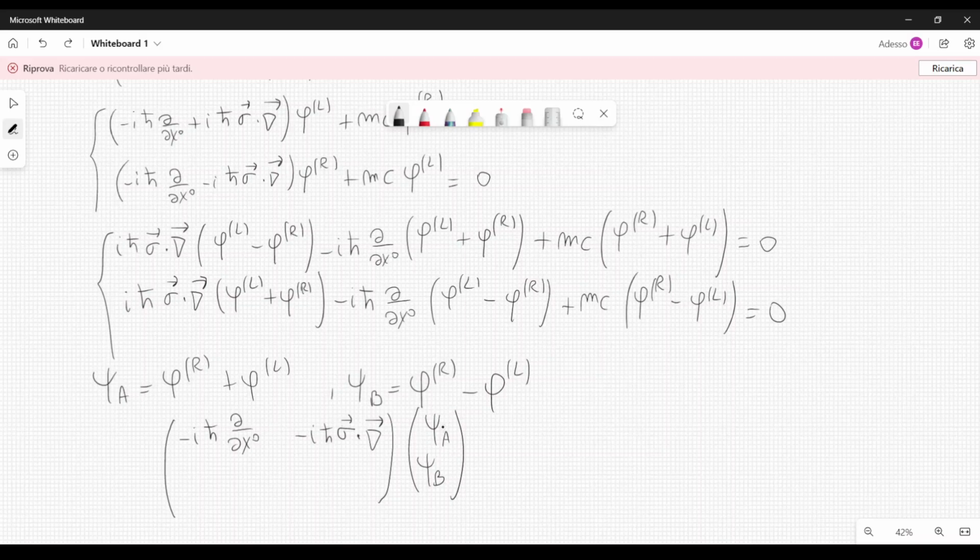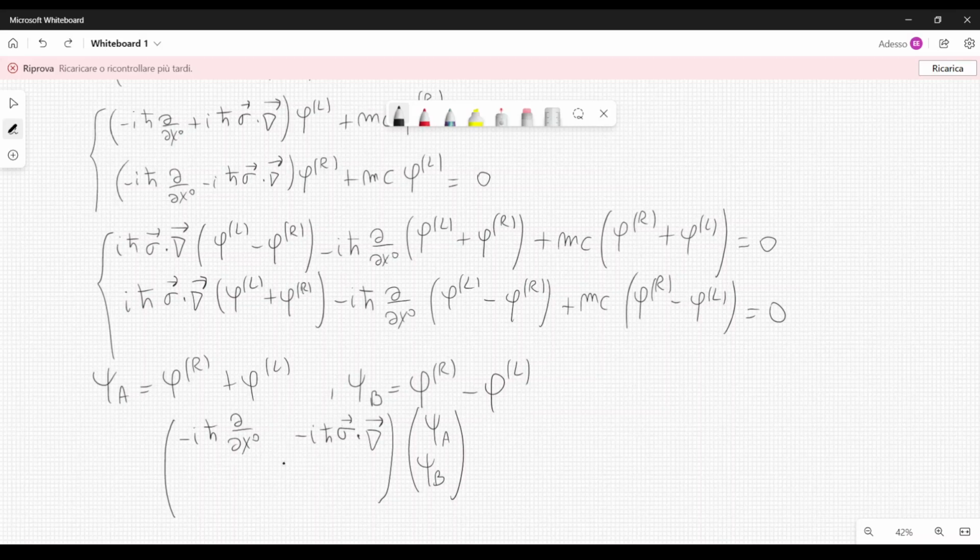And then we have psi_b that's going to appear there, and it is equal to phi_R minus phi_L. With this minus sign, we can also change the sign of these two, and we are going to get this expression here.